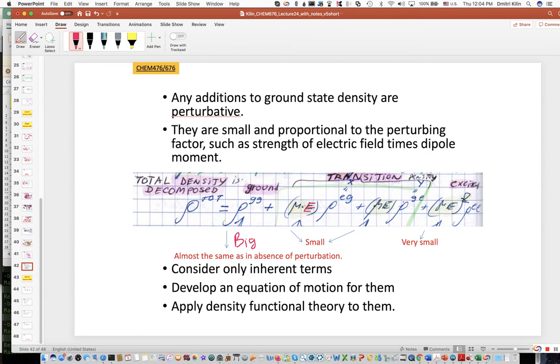So if the electromagnetic field is small, like smaller than 1 in some units, then square is smaller than linear. Therefore, this part is smaller. So the goal of excited state theories, in a narrow sense, is to find the transition densities.